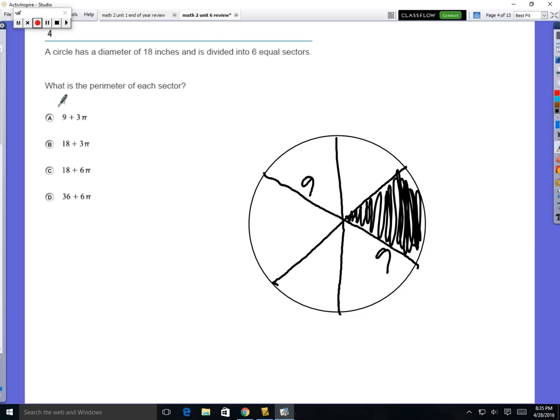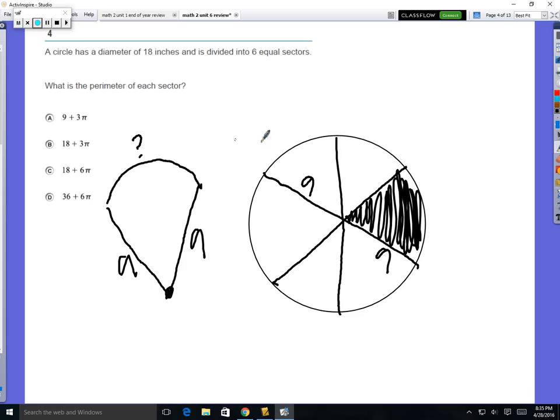And divided into a single sector, what's the perimeter of each sector? So the perimeter is this distance here. If you walk from this point around the exterior of this sector, how far did you walk when you get back all the way around? So this portion's 9, this portion's 9. We've got to find this. That's an arc.